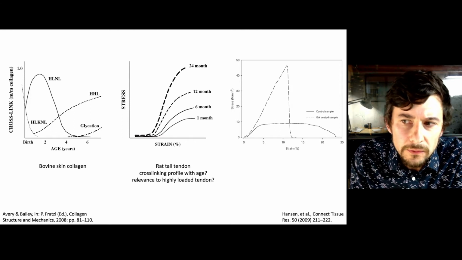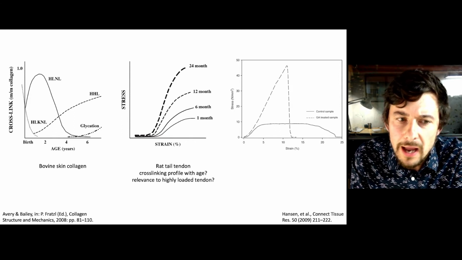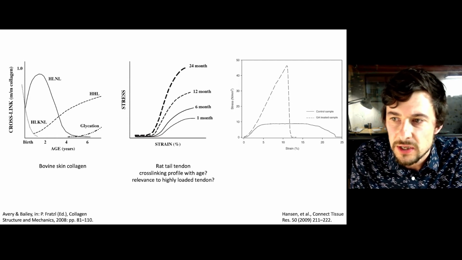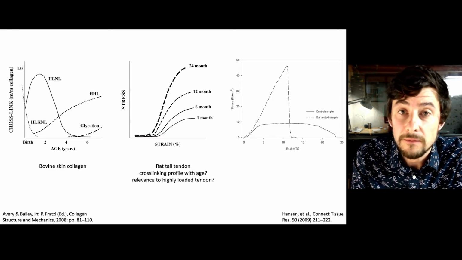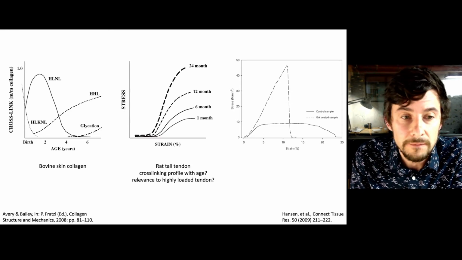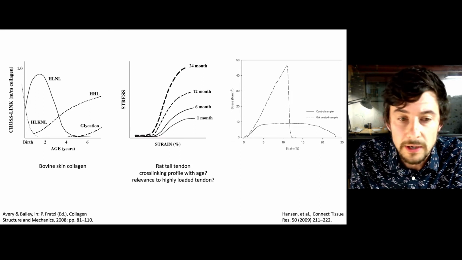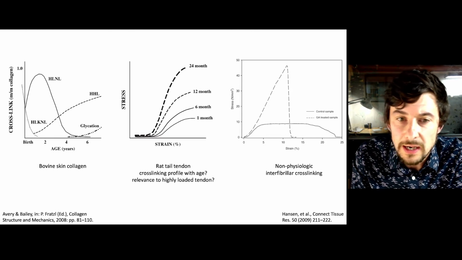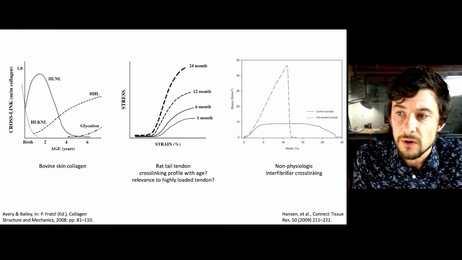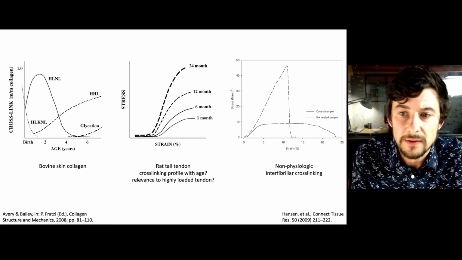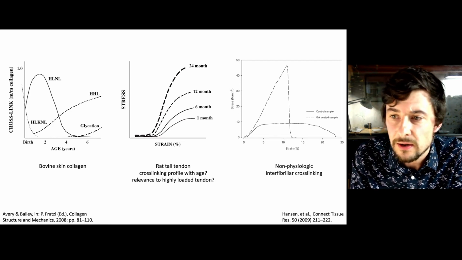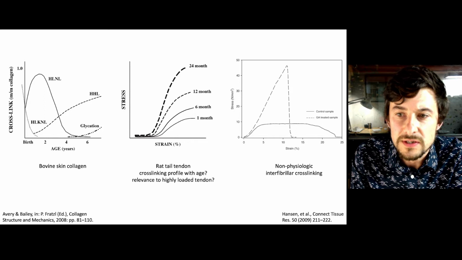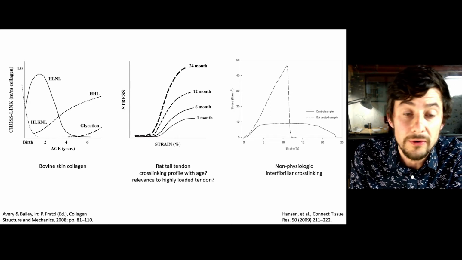And we also have some lack of clarity on how the cross-linking profile in rat tail tendon changes with age, and importantly, if that profile is representative of tissues that are relevant to human health. And then for the third plot, it's important to recognize that just because exogenous cross-linking treatments increase tissue strength and stiffness, that doesn't necessarily mean that the same is true for native cross-linking, as exogenous cross-linking can link structural levels that are not normally joined.